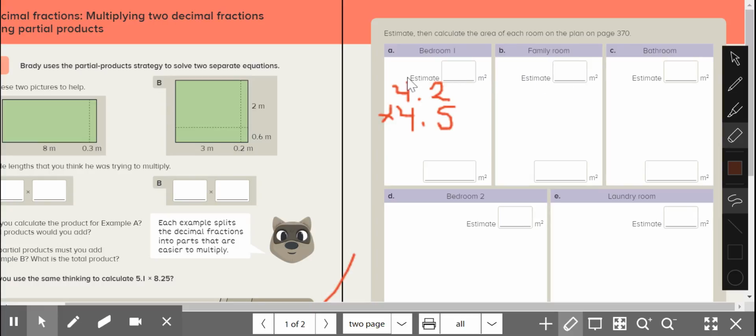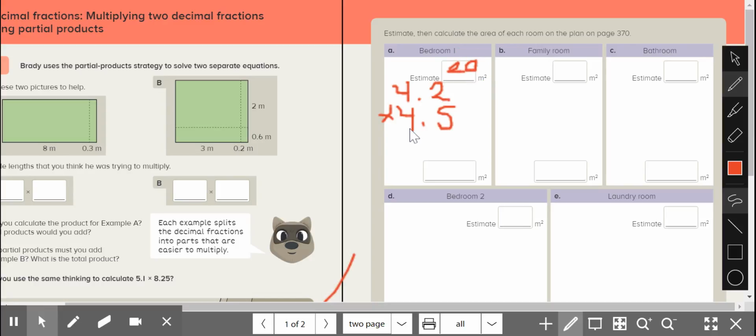So we're going to round these two numbers to whole numbers based off of the ones place. The first number rounds to 4, and the second rounds to 5. So I would estimate that this room is going to be 4 by 5, somewhere around probably less than 20 meters squared.